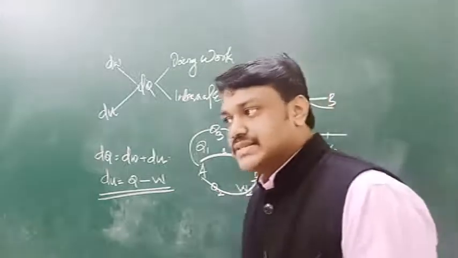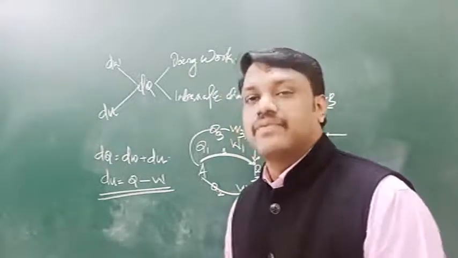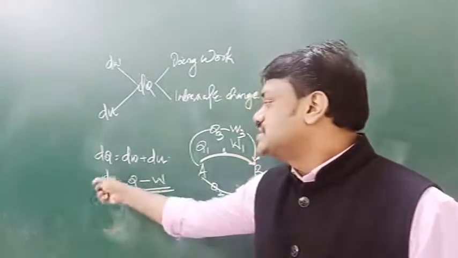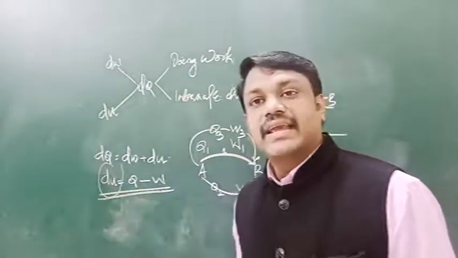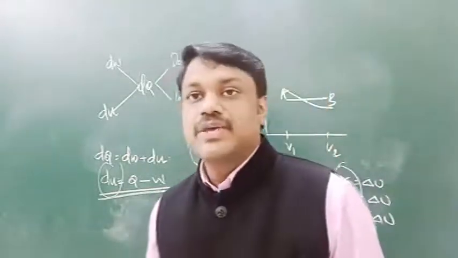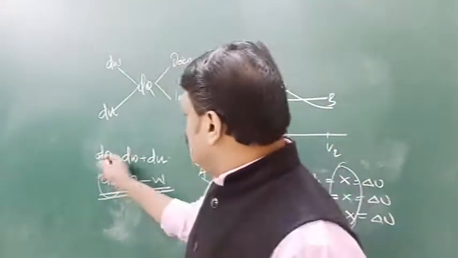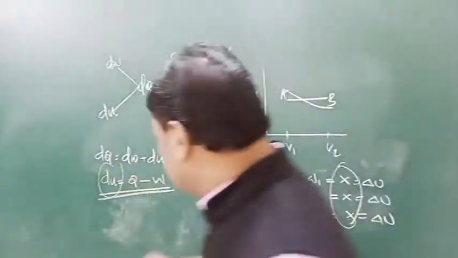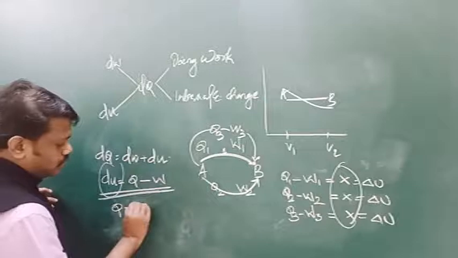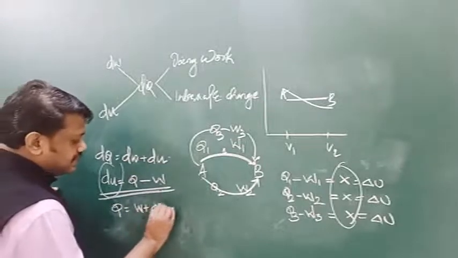If heat is supplied to a system, it is capable of doing work. How much work is done? The rest is stored as the change in internal energy. So dU is equal to Q minus W, or dQ is equal to dU plus dW, or Q is equal to W plus delta U.